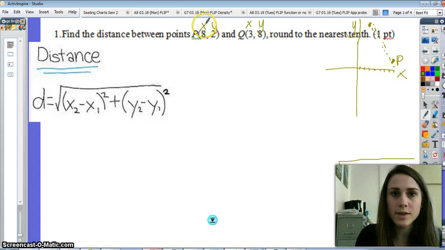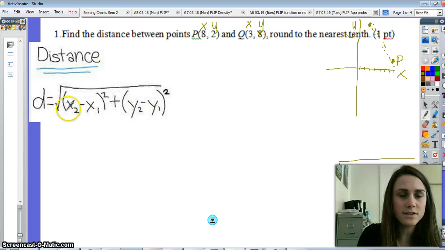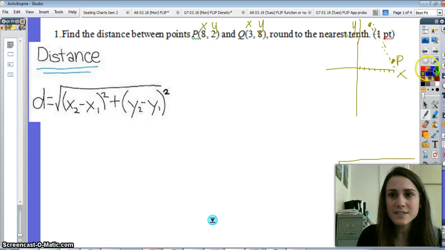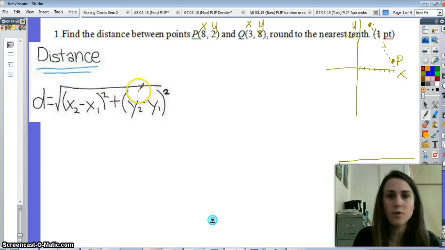Okay, so we labeled x and y, and then you see here how in the distance formula we have d equals the square root of the distance between the x coordinates squared plus the distance between the y coordinates squared. This formula we explored in class really comes from the Pythagorean theorem. So I'm going to quickly explain where this formula comes from and then how to use it in this problem.